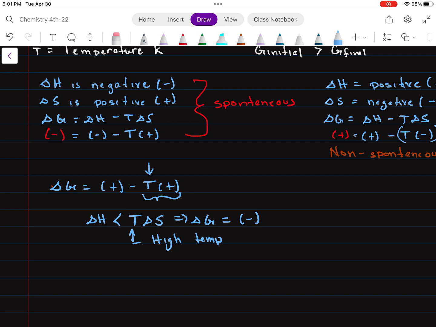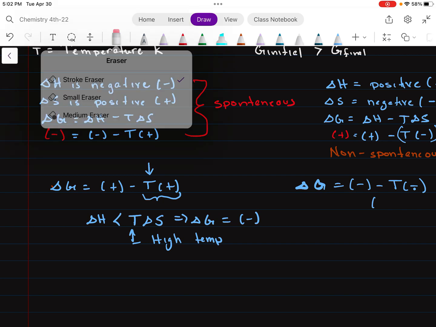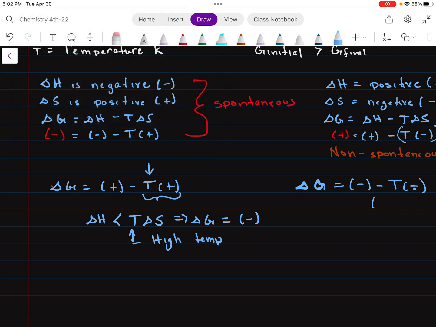Does that make sense? Let's take a look what happens if both are negative. Again, remember that you're subtracting, and this negative is going to make the whole value of T delta S negative. So basically, you're going to be adding this one.